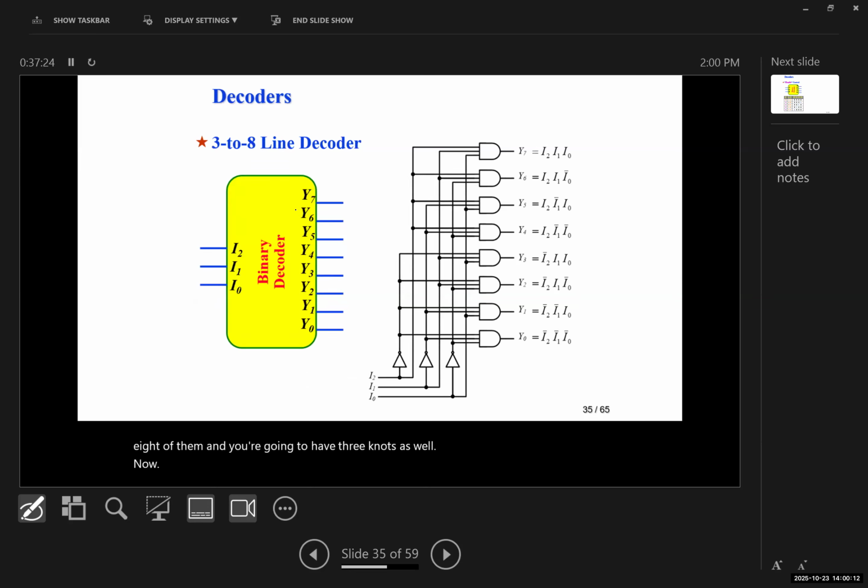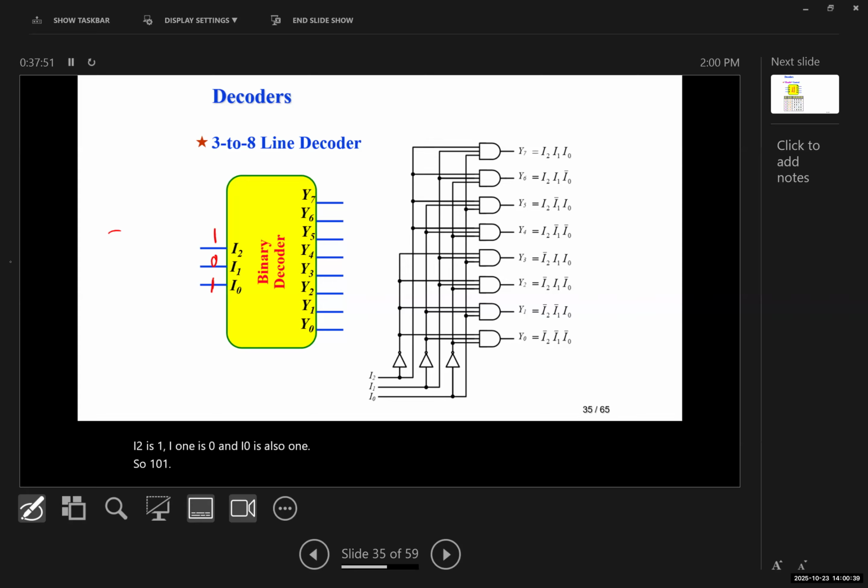Now, let's solve a quick example for this first one. Imagine the inputs are I2 is 1, I1 is 0, and I0 is also 1. So 1, 0, 1.